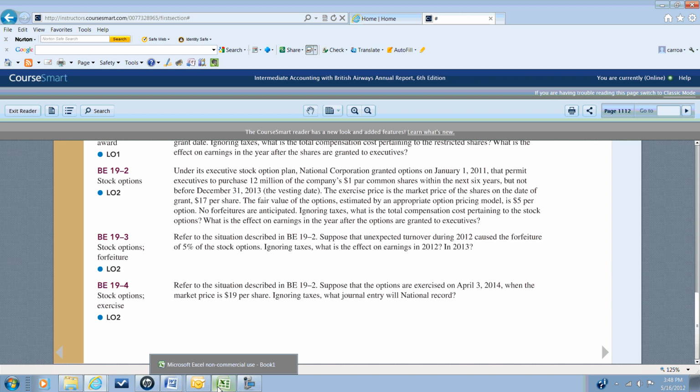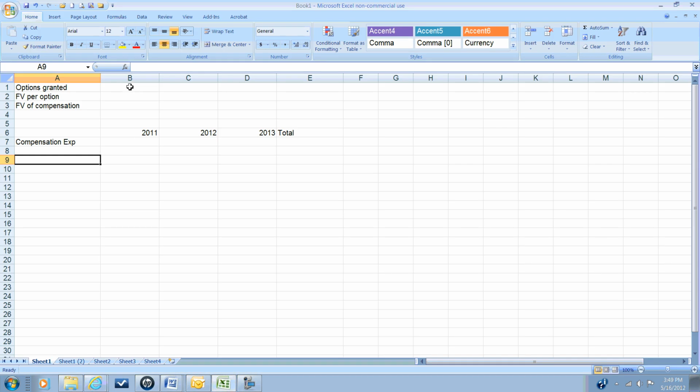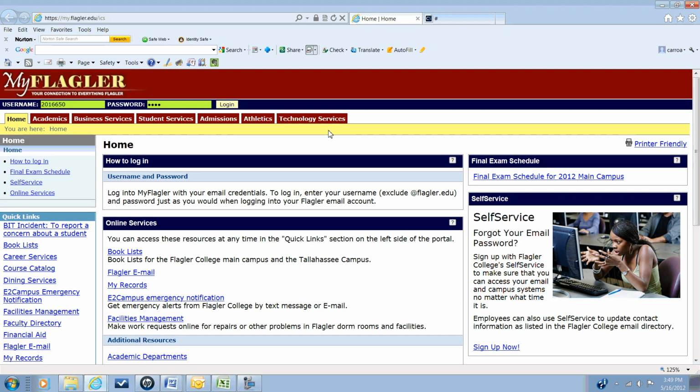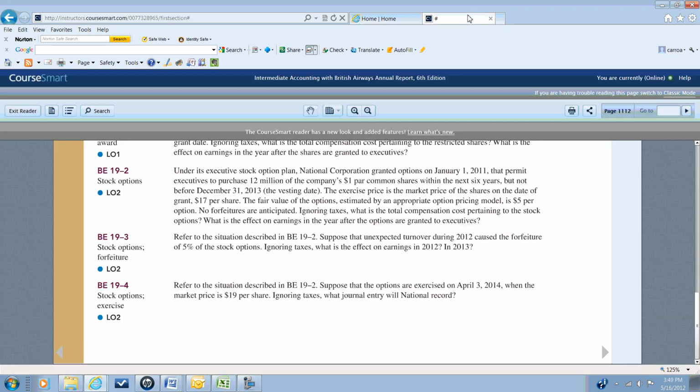So let's determine the total compensation costs. Well, again, we have 12 million shares. Next, we need to determine the fair value per option. And that is going to be either the par value, the market, or the fair value based on our model.